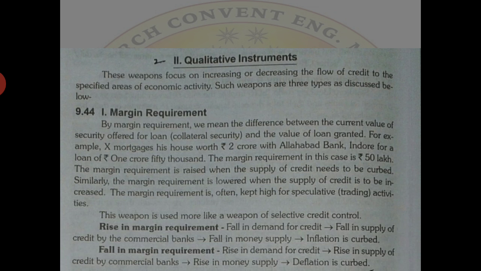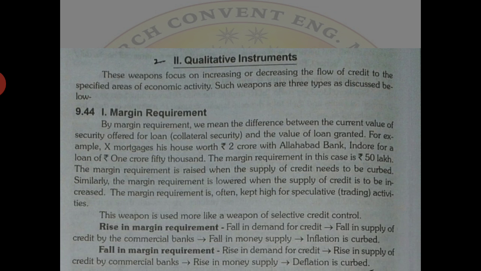Normally, margin requirement is kept high for trading activities. It means that if a person is requesting a loan of rupees 1 lakh from the bank, for which he will have to mortgage his property, his assets.